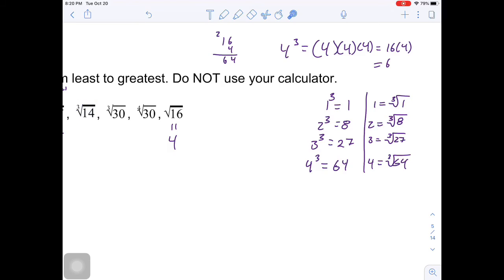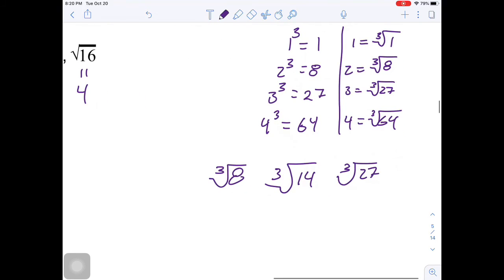So now we can estimate the cube root of 14. The cube root of 14 falls in between the cube root of 8 and the cube root of 27. So the cube root of 8 equals 2, the cube root of 27 equals 3. 8 is pretty close to 14, that's only 6 units away, whereas 27 is 13 units away.